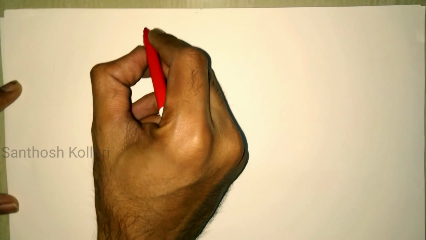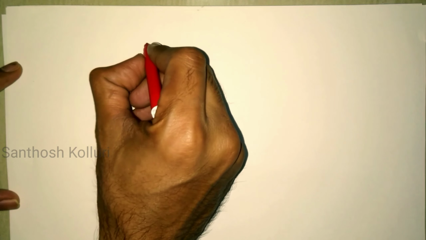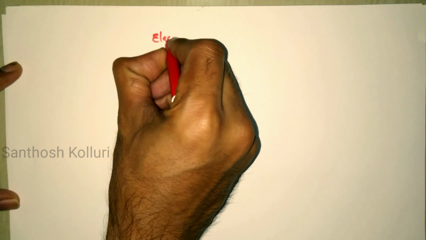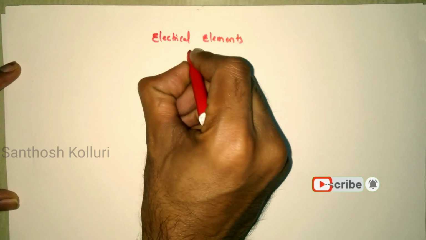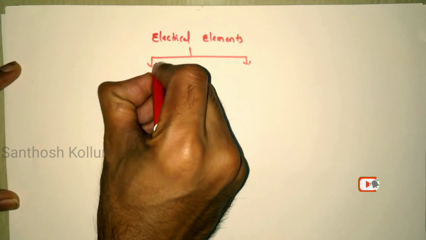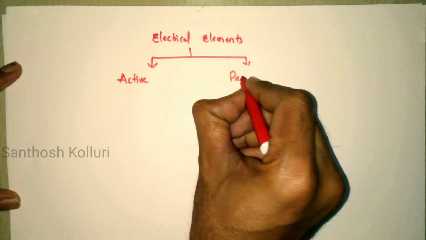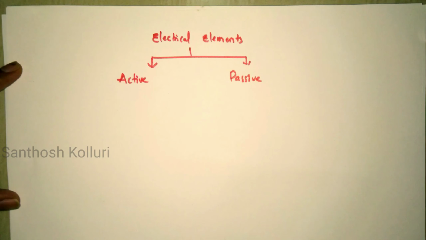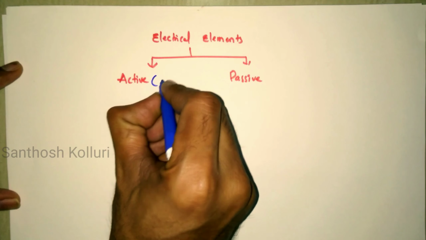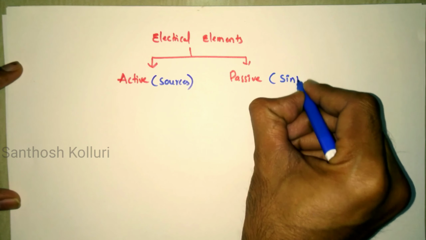Based on the energy available, electrical elements are classified into two types. The first is active elements and the second is passive elements. Active elements are nothing but sources, and passive elements are nothing but sinks.